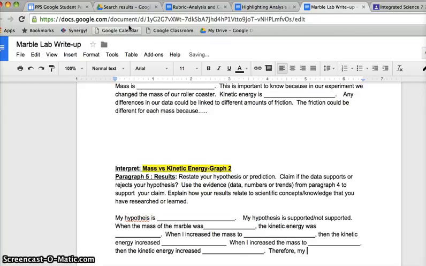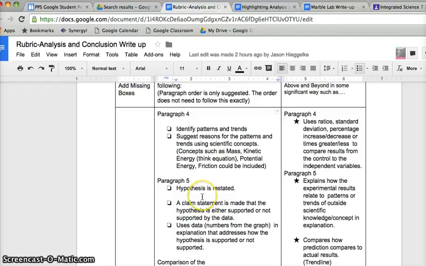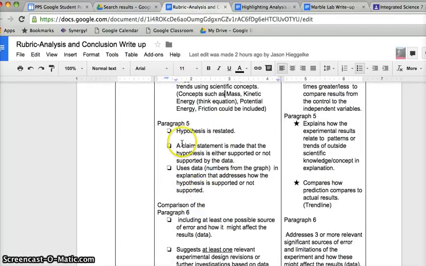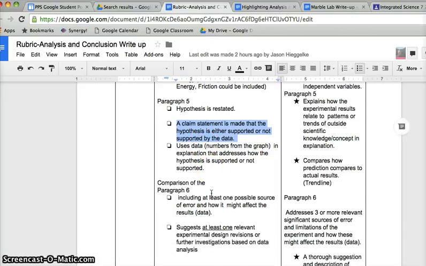Therefore, my hypothesis is supported, or maybe it's not supported. So looking back at the rubric, we restate our hypothesis, we made a claim statement that was supported or not, and then we used the data from the graph or the data table.